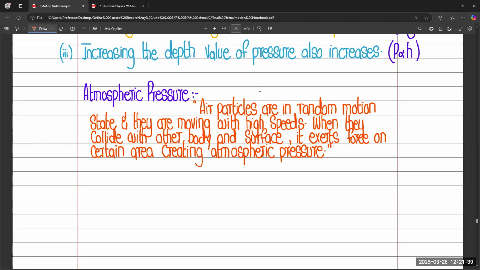If we consider the formula, there is no formula to remember related to the atmospheric pressure in this chapter. We only need to know the idea of it. There is no calculation related to atmospheric pressure, but the value of atmospheric pressure is constant.